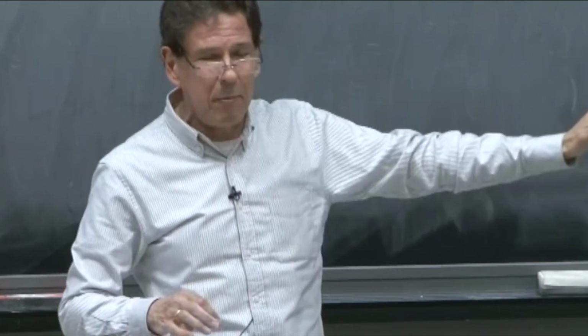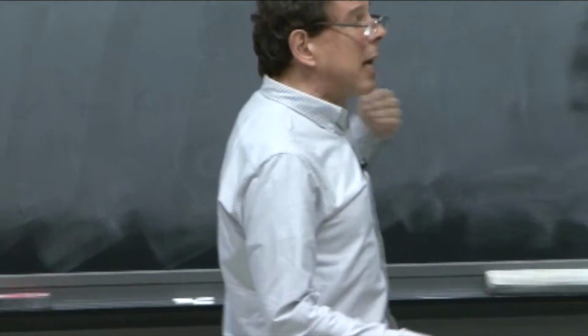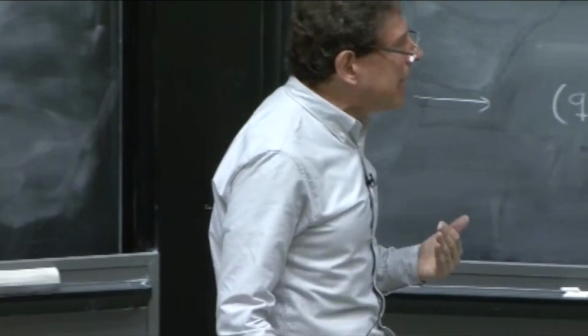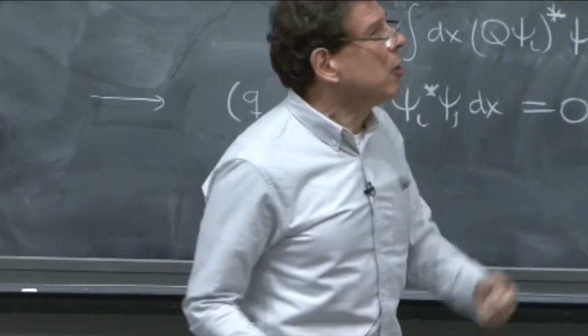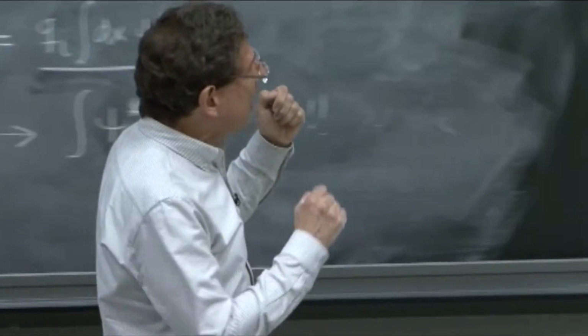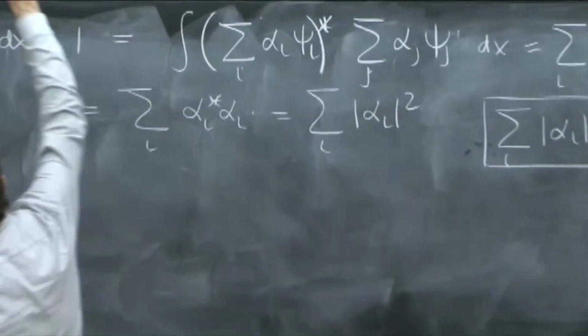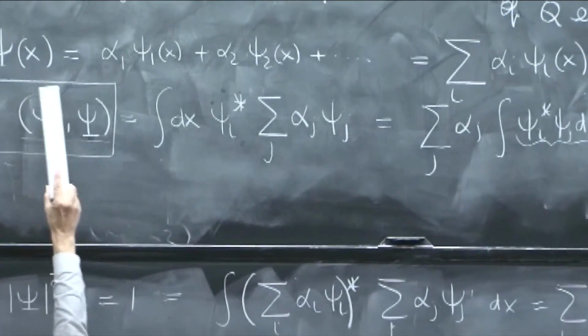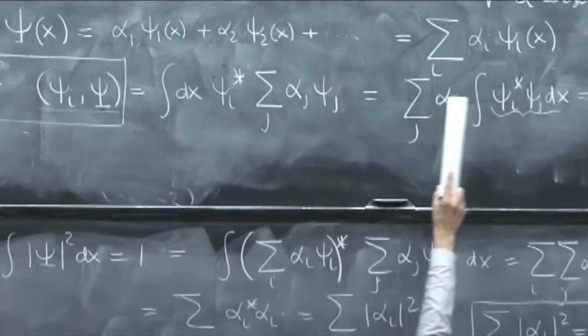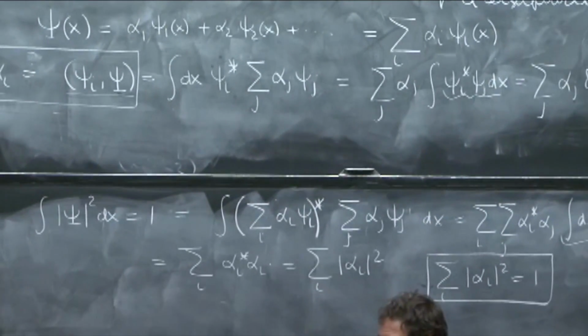Those are the only numbers you can get. But you can get them with different probabilities. And for that, you must use this claim. And you must, in a sense, rewrite your state as a superposition of the eigenfunctions with those alphas.